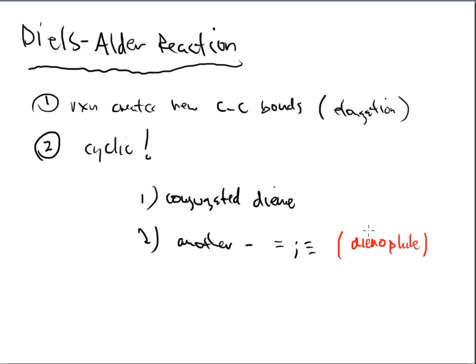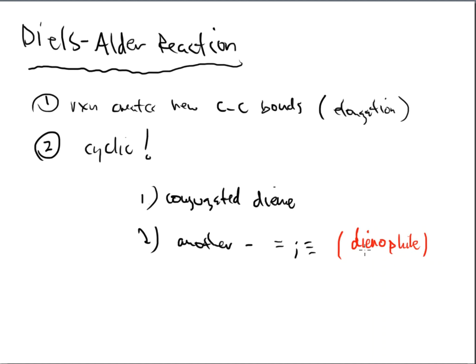What do you think that means? That's right. You thought I was crazy when I told you that kind of comparison to pedophile? Well, that kind of stuck with you, I hope. Because now with a dienophile, you would look at that and say, it probably loves little dienes. And it does.